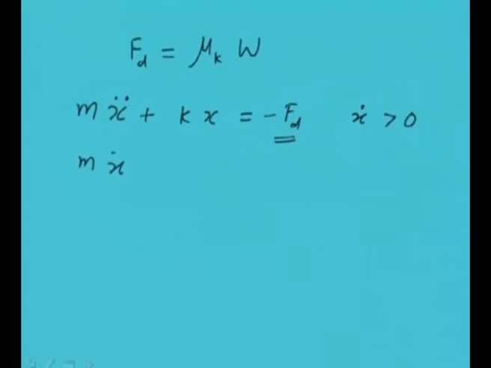Similarly, when x dot is negative, we will have two equations which are linear, but we need to satisfy these conditions. We have to keep watching this particular condition in which the velocity is positive or negative. Otherwise these equations are now linear.